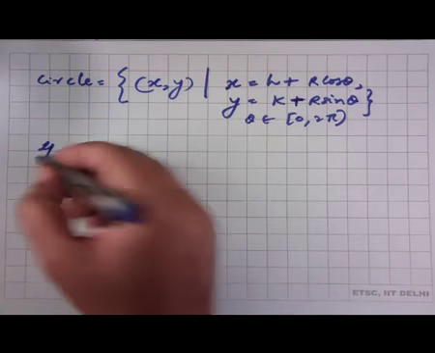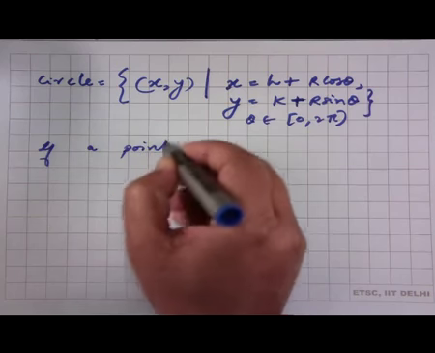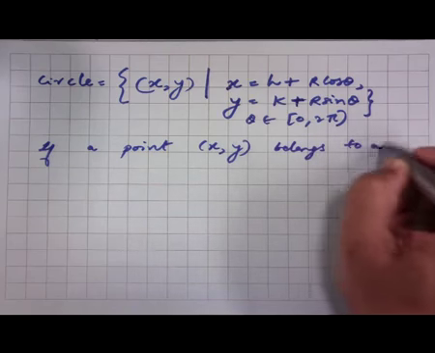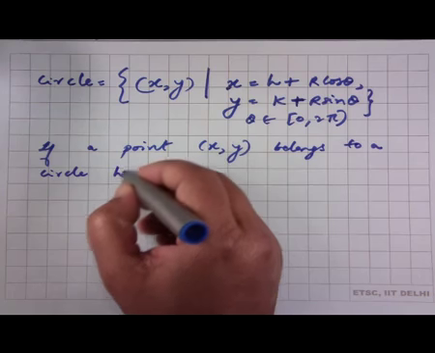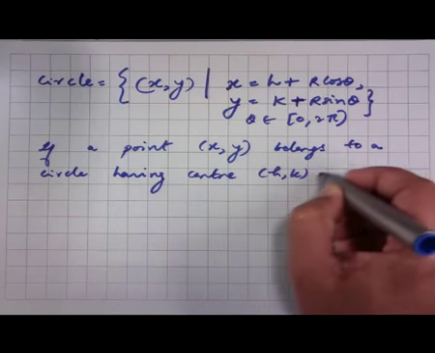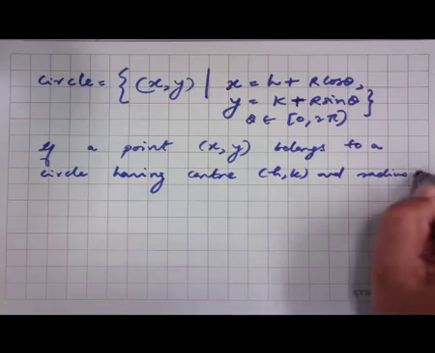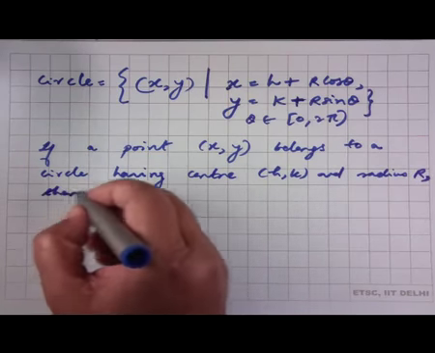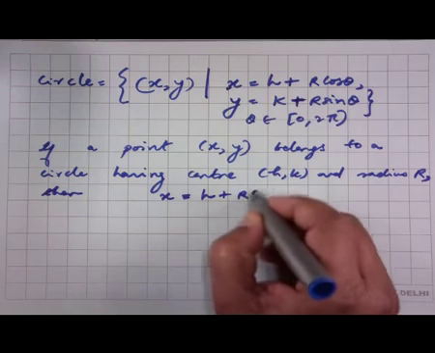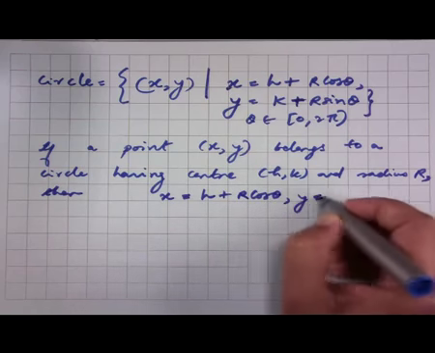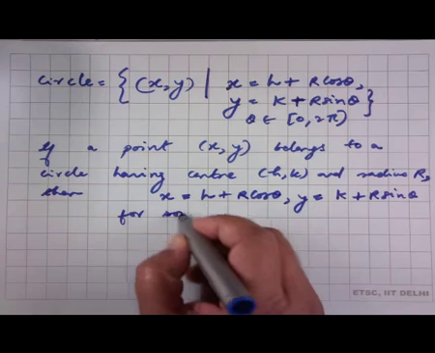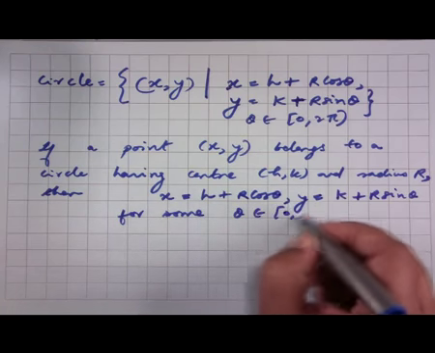So, essentially what we have said is two things. If a point x comma y belongs to a circle having center h, k and radius r, then x must be equal to h plus r cos theta and y must be equal to k plus r sin theta for some theta belonging to 0 to 2 pi.